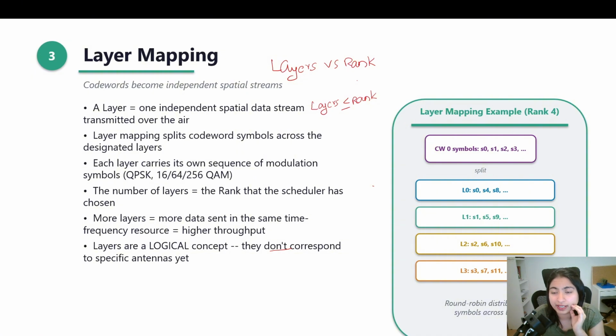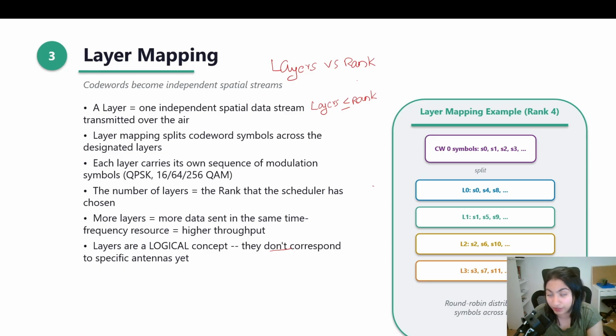Let us look at a layer mapping example. We have a code word with a couple of symbols. We have S0, S1, S2, S3, and S4. Think of a channel with rank 4 or layer 4. Usually when we say rank 4 in gNodeB, we usually mean layer because number of layers equals the rank of a channel usually.